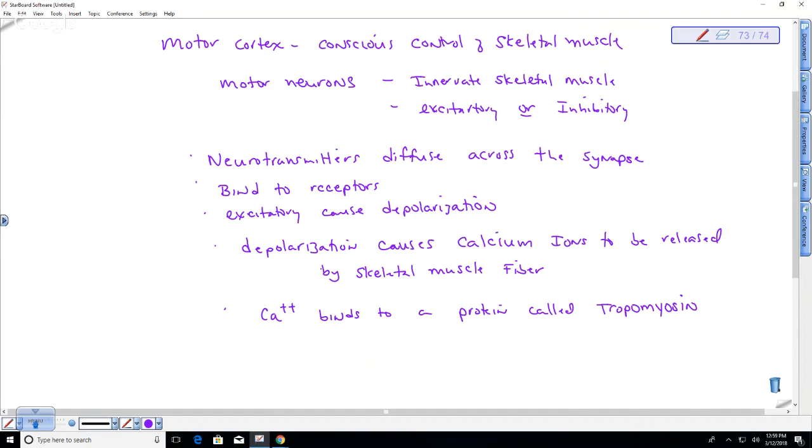This is upon myosin, but it's actually on the myosin binding sites of the actin. So the tropomyosin is what blocks the binding sites on the actin.